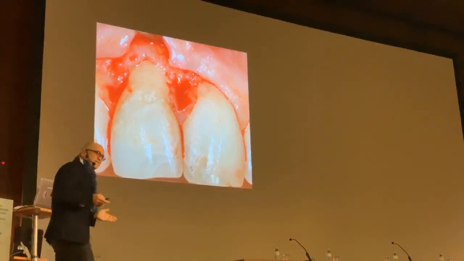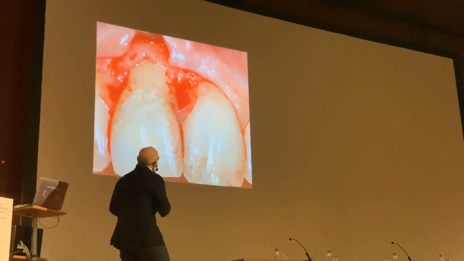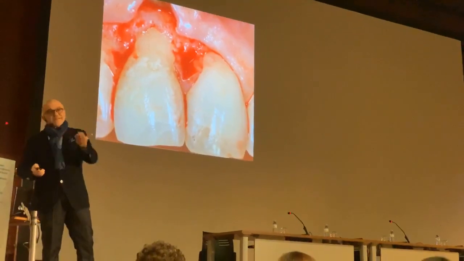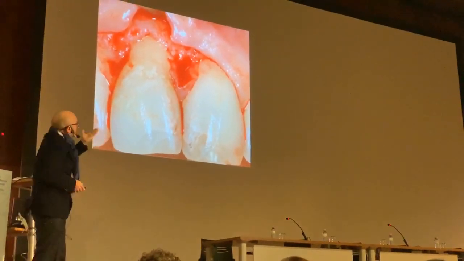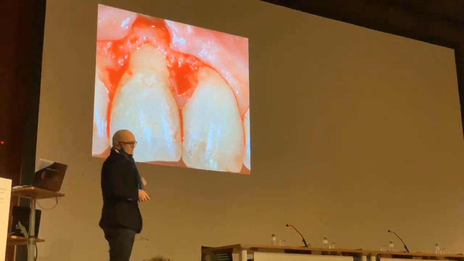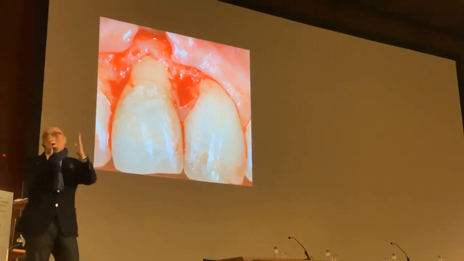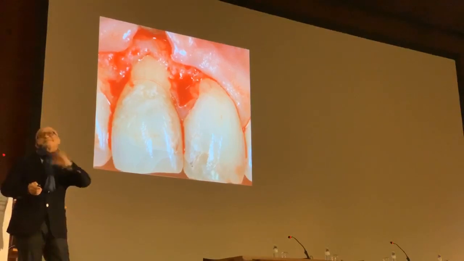But how much buccal bone there is and where it is is much more dictated by the position of the root in the case of a tooth, or the position of the implant in the case of an implant. What is very difficult to substitute is this area, which is about 3.5 millimeters distance. So it's a lot. It's a lot to say it doesn't exist.